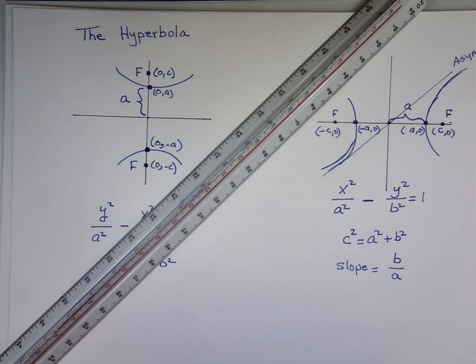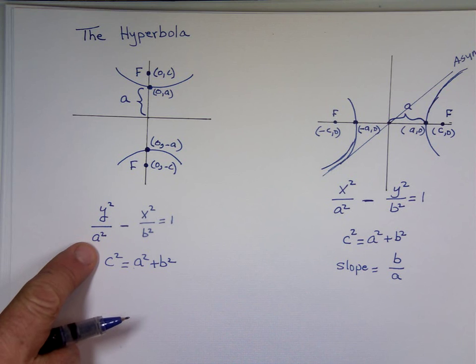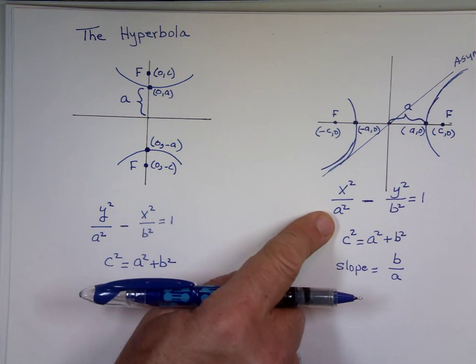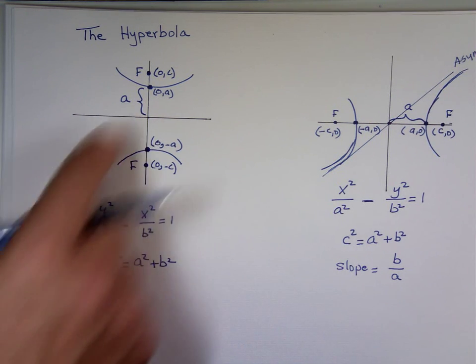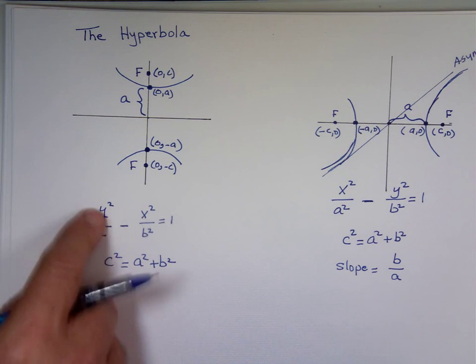I have a question. Yes. Is this the same concept as the other one, where if A is bigger than B, that tells us which? Well, A is always the vertex, the coordinate for the vertex. So if it crosses the x-axis, it crosses at A. A is always on the x-axis, or if it crosses the y-axis, A is on the y-axis, above or below.